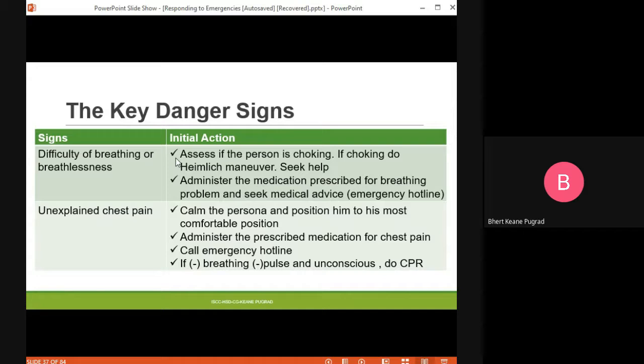Like for example, meron ba siyang ginagamit na puffing medication, yung pang puff, for COPD, meron bang salbutamol, salbutamol nebulizations, or kapag merong oxygen source sa inyong home care setting, we also need to administer oxygen.